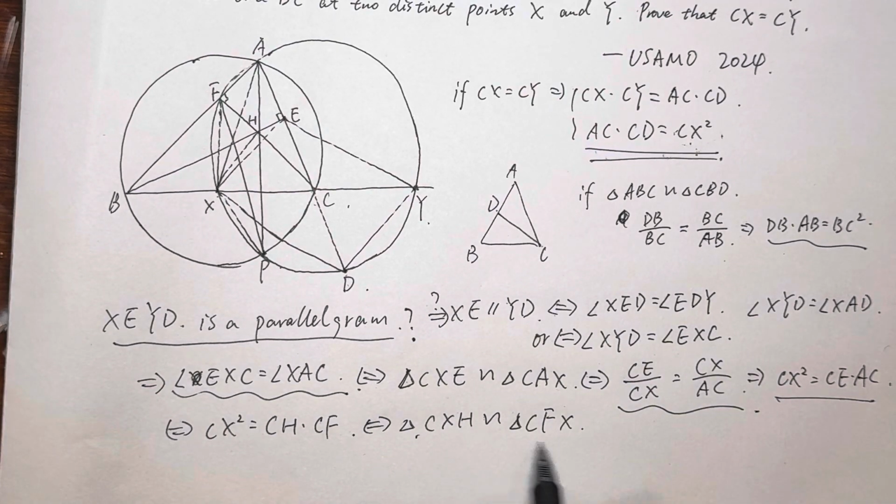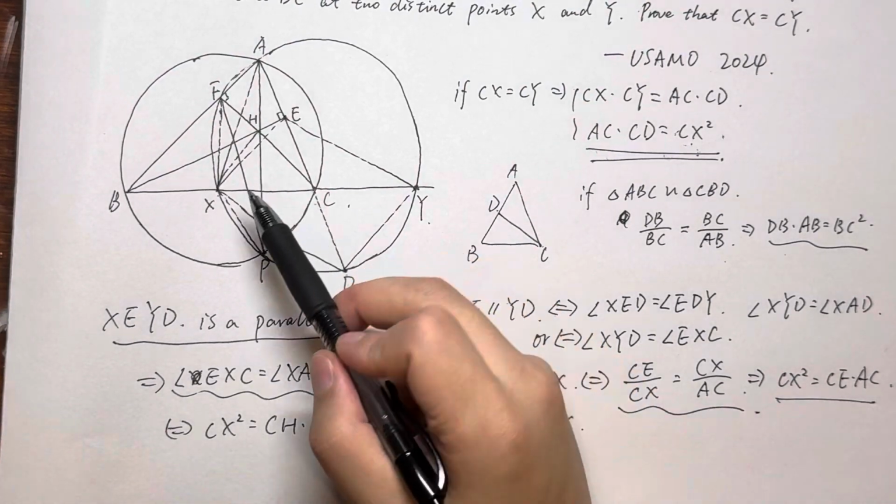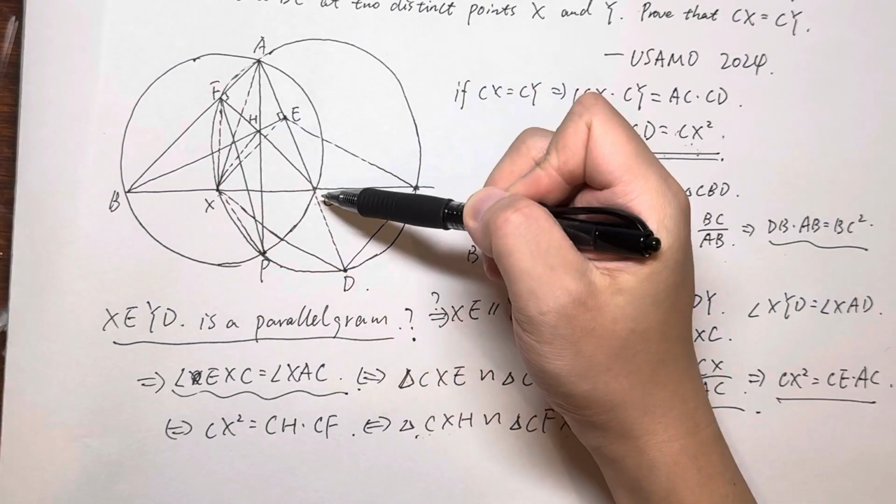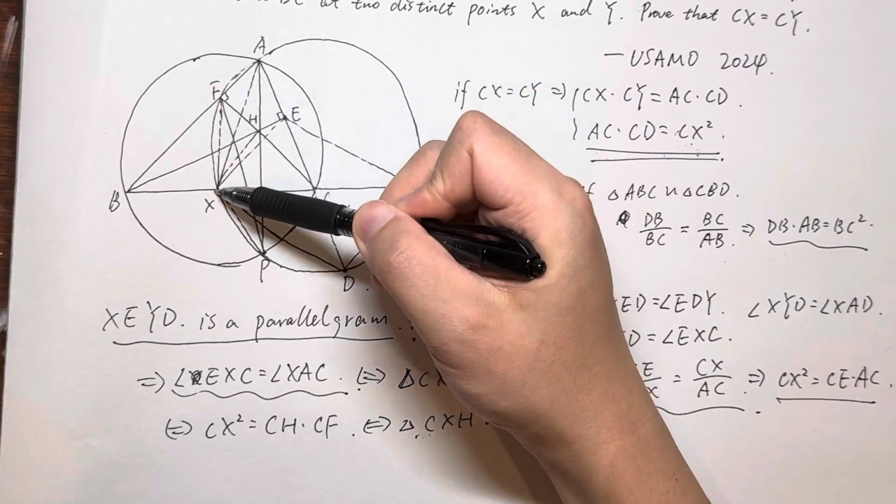Right? If this is true, then CX to CH equals CF to CX, right? So now we want to prove that triangle CXH is similar to triangle CFX.